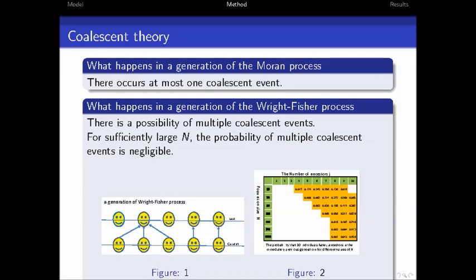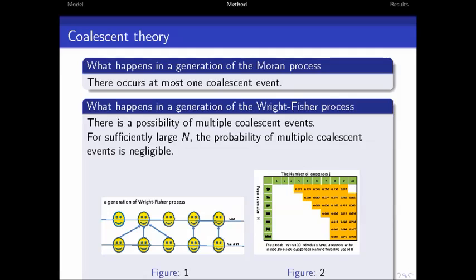In a generation of the Moran process, there occurs at most 1 Coalescent event. However, in a generation of the Wright-Fisher process, there is a possibility of multiple Coalescent events. As figure 1 shows, 3 thin arrows point to a single individual.